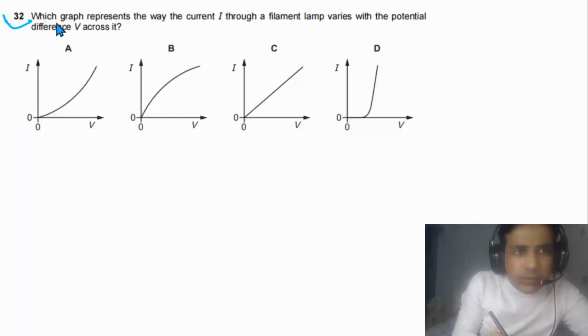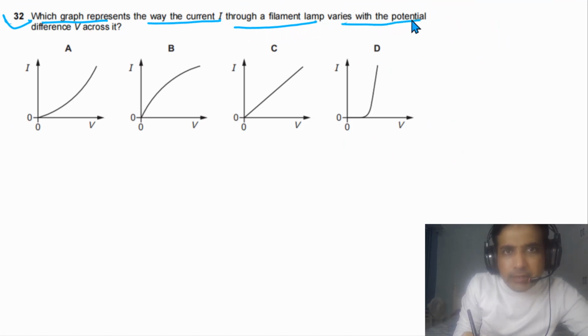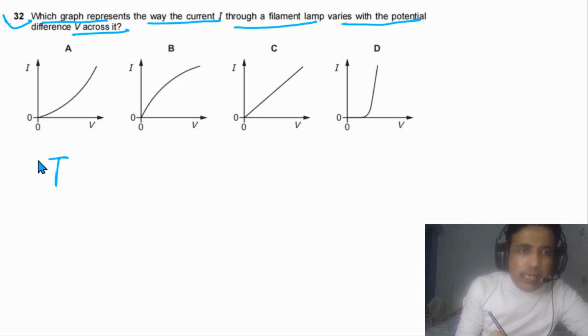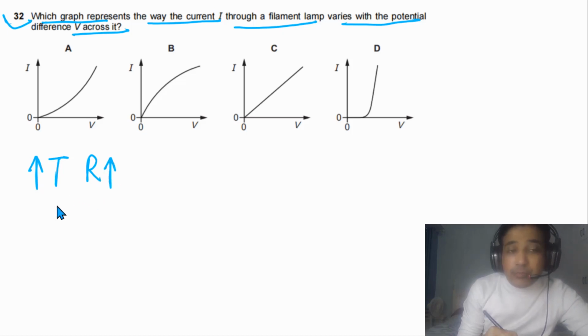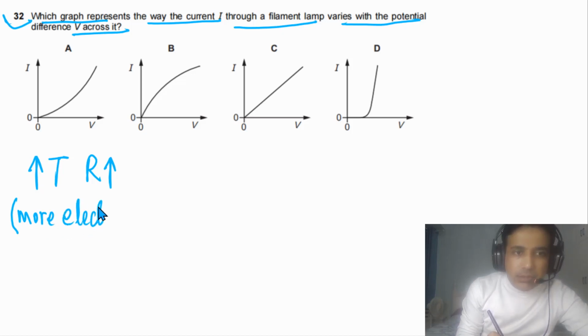Question 32 says, which graph represents the way the current I through a filament lamp varies with the PD across it? For a filament lamp, the first thing you need to understand is that as the temperature of the filament lamp increases, the resistance of the filament lamp increases. And the temperature of the filament lamp increases when more electrical energy is converted into thermal energy.